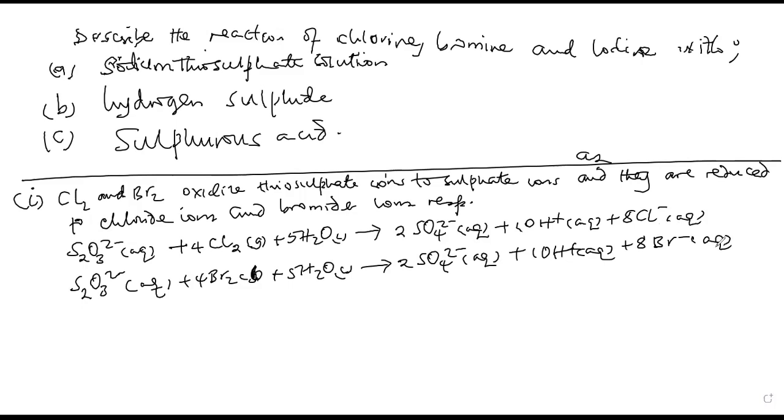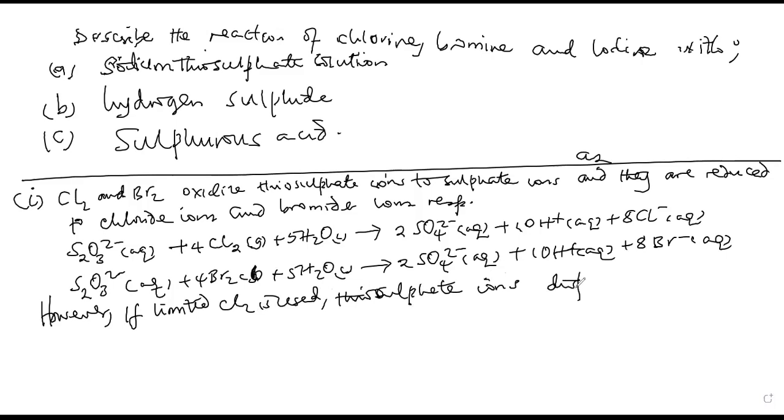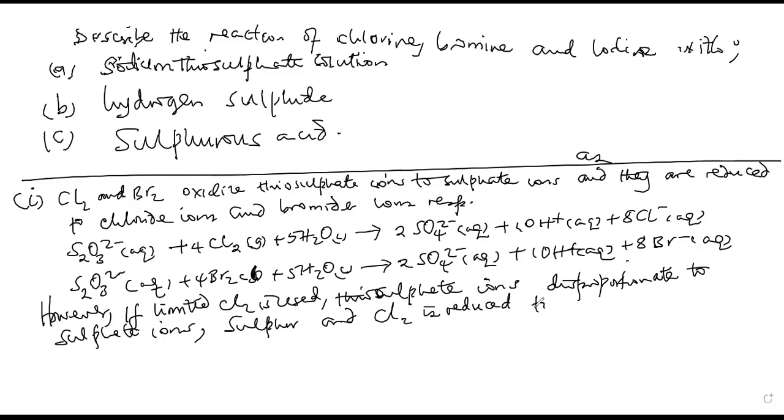The exception is that if limited chlorine is used, the thiosulfate ions instead disproportionate to sulfate ions and sulfur, and chlorine is reduced to chloride ions.